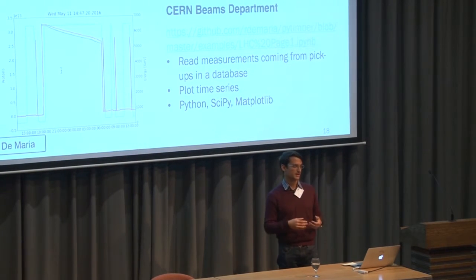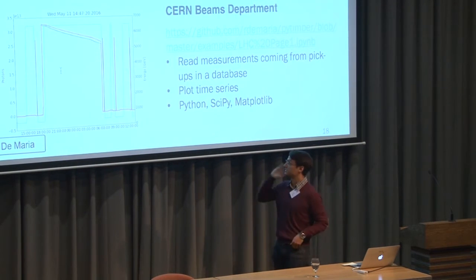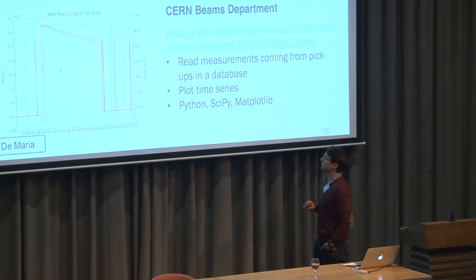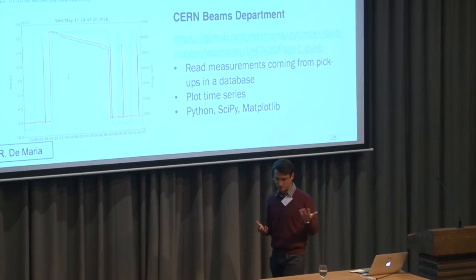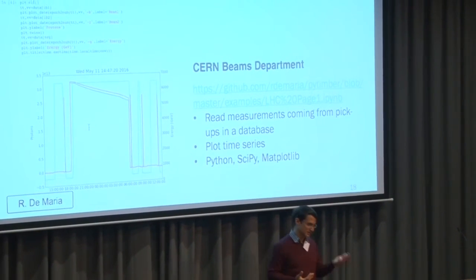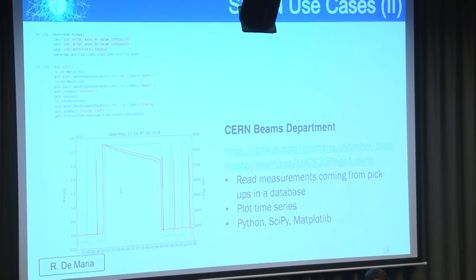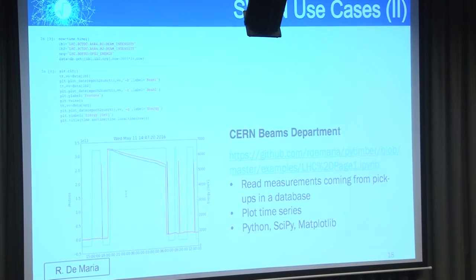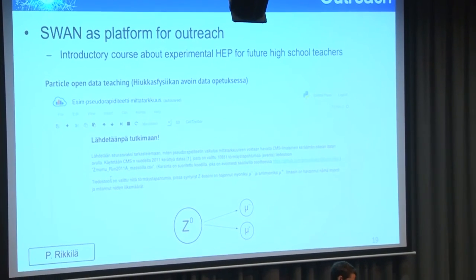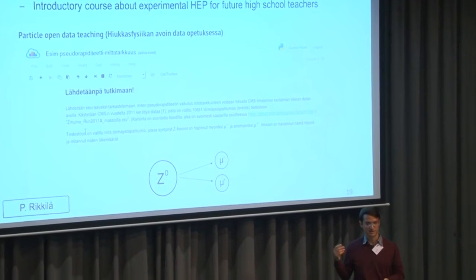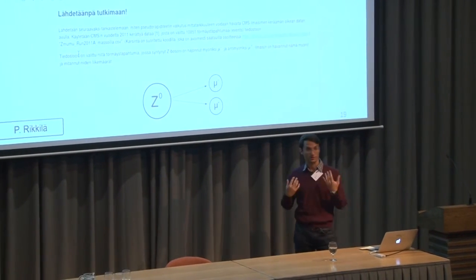And what these people do is they monitor the status of the Large Hadron Collider, and from their notebooks, they query databases, and they plot live data about the status of the collider. Okay? And this is one example from one of our colleagues. So you see these two examples, one that is more physics related, that uses ROOT, and another one that uses a different set of libraries with a different goal.